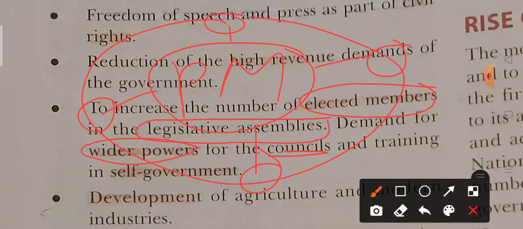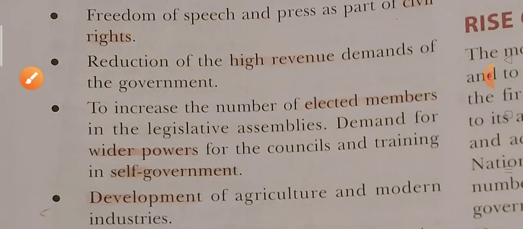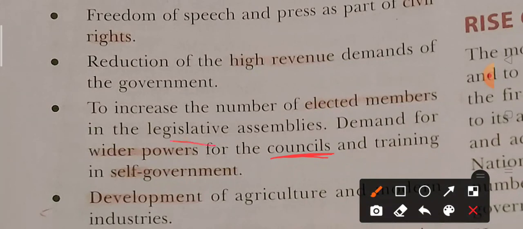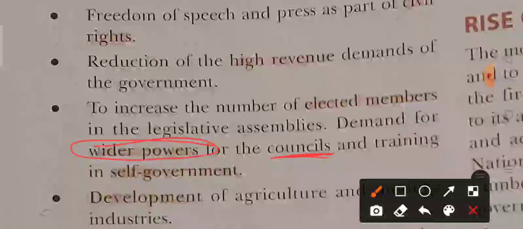So in this time, the Indian National Congress wanted more members added to this council. You can say here the cabinet, and they could use wider power, which means efficient power.